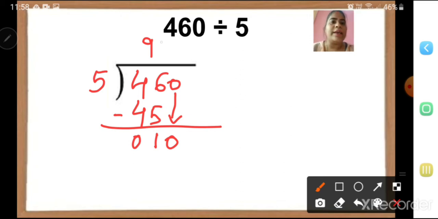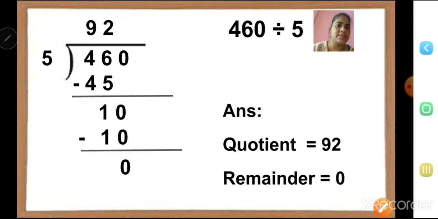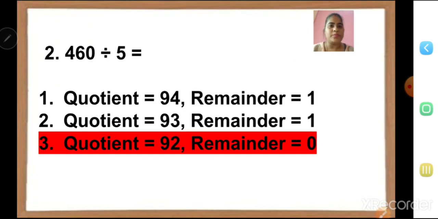And 10 minus 10 is 0. So children, our quotient is 92 and remainder is 0. Let us take the right answer. See, quotient is 92 and remainder is 0. The third one, 92 quotient and remainder is 0.